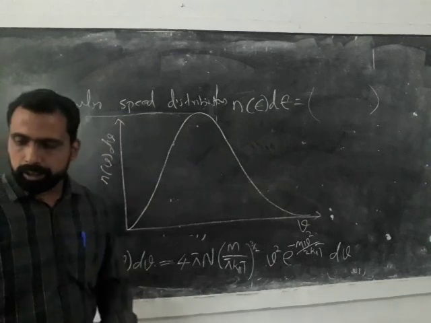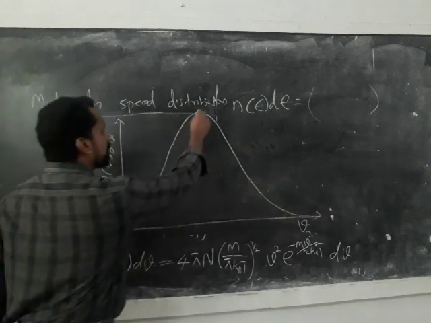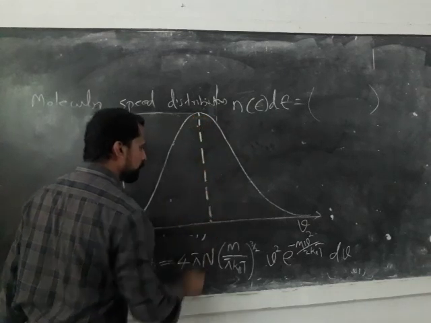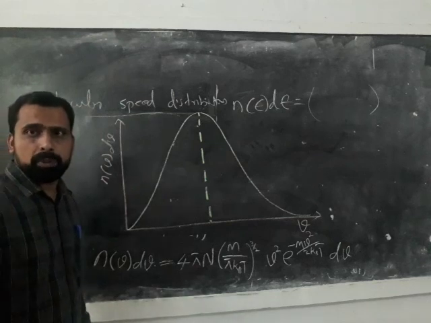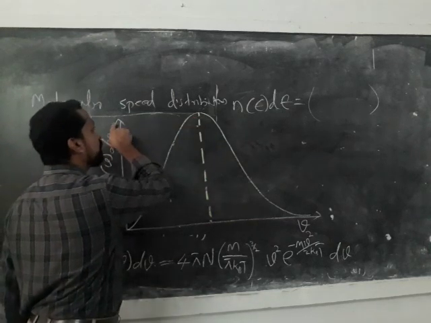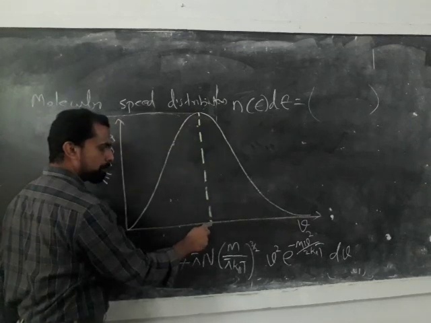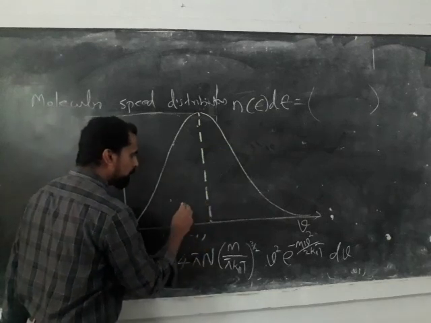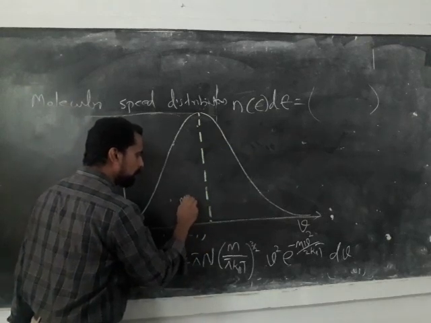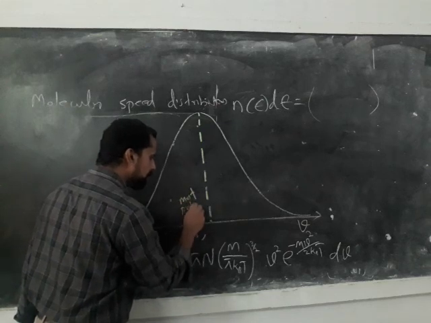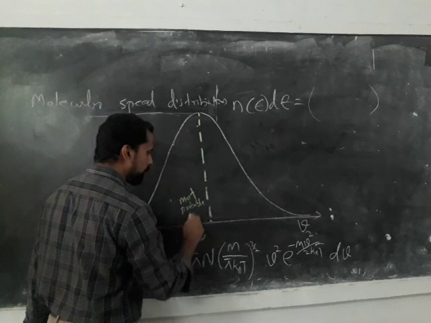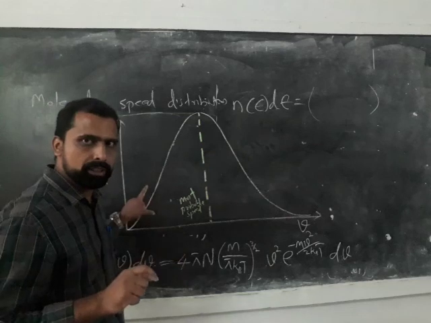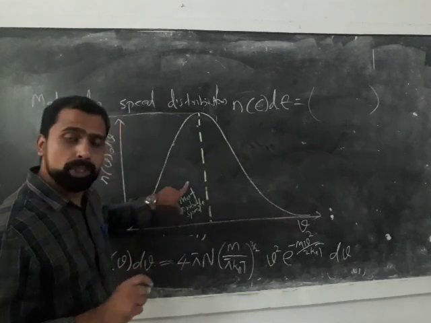And the value where you are getting the maximum, that we call the most probable velocity. Because it has the highest number of particles at this speed, we call it the most probable speed, not velocity, speed. Because we are not dealing with the vector, we are just looking at the speed.